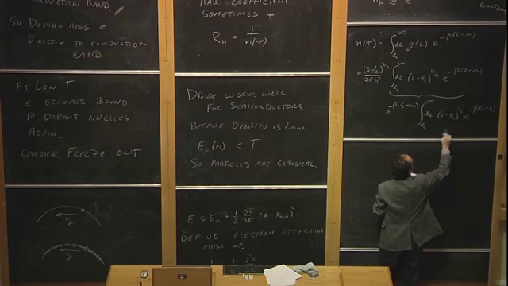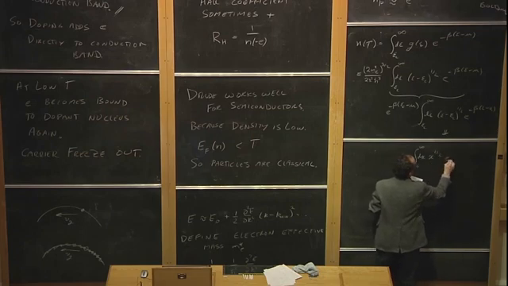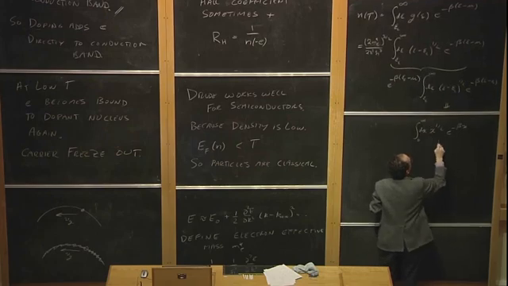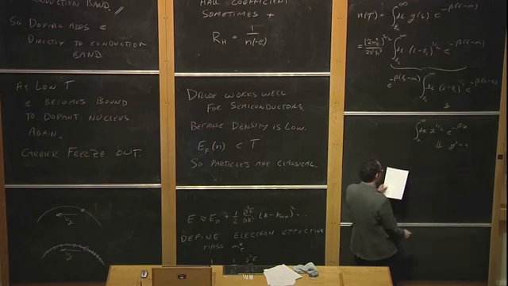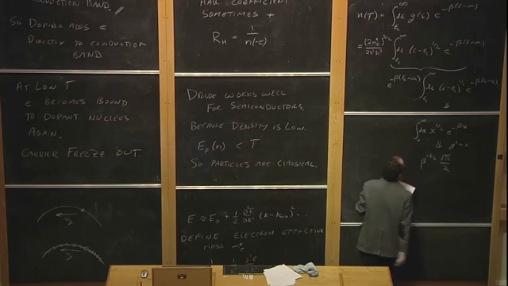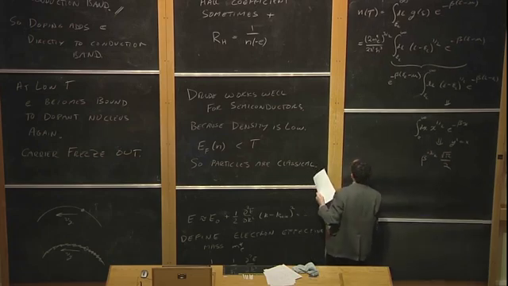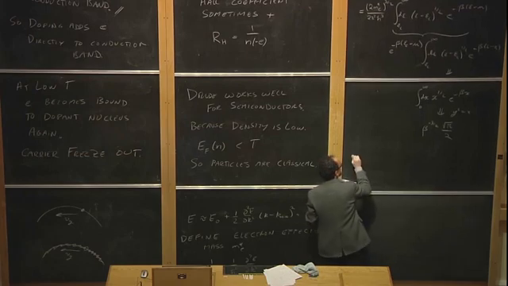So this becomes the integral of dx from 0 to infinity, x to the 1/2, e to the minus beta x. Then we can do that integral by defining y squared equals x. This becomes a simple Gaussian integral, and we get beta to the minus 3/2 times square root of pi over 2.